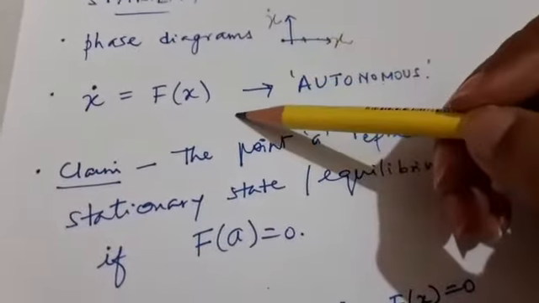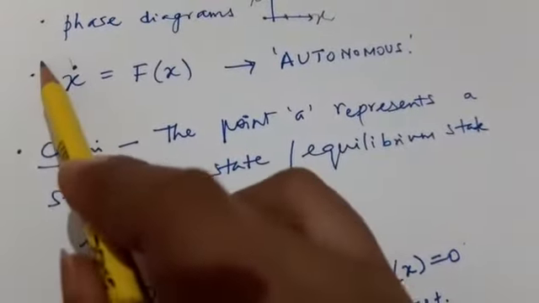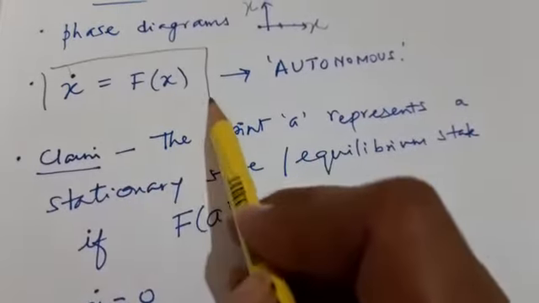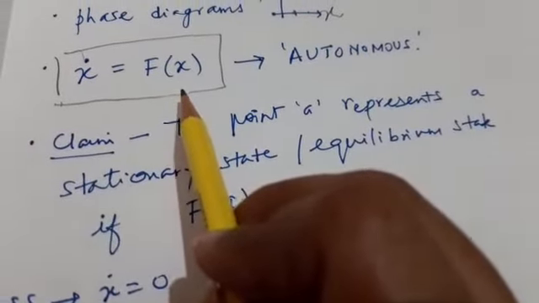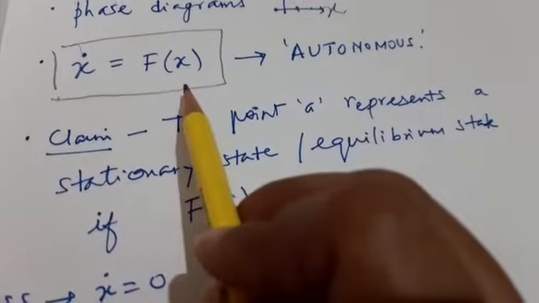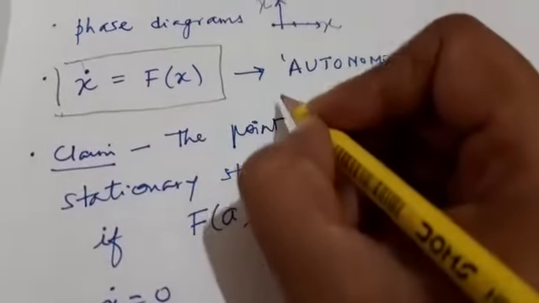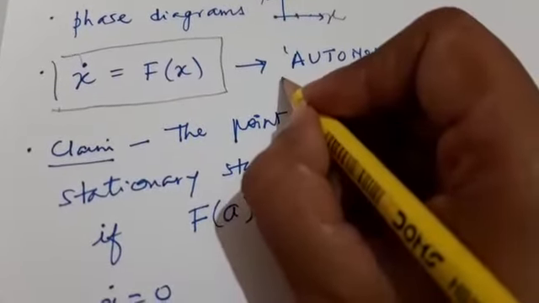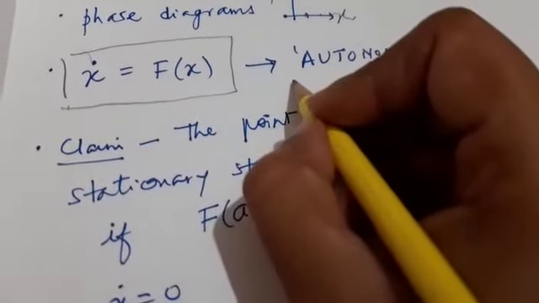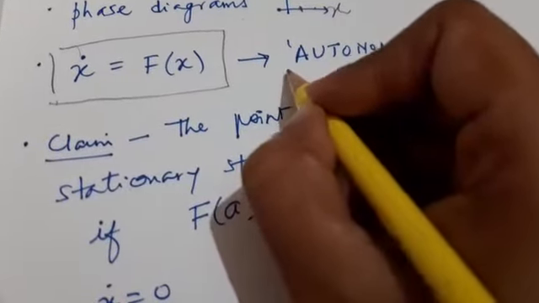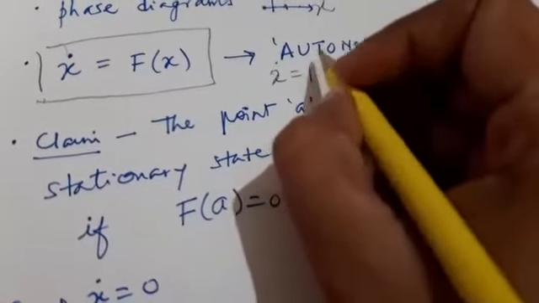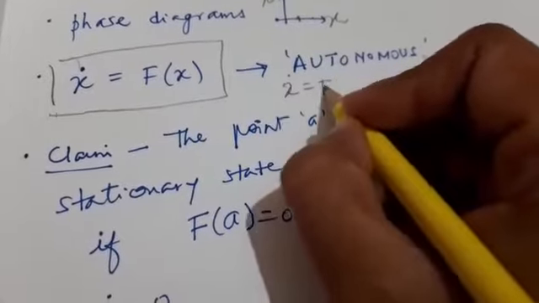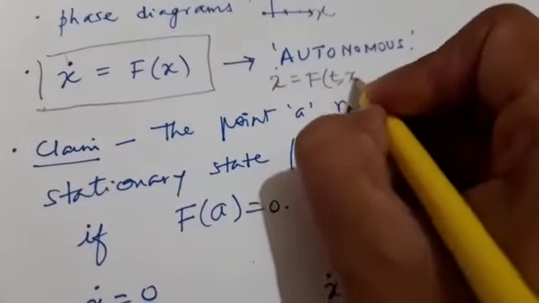Also, we'll be examining stability specifically for this kind of an equation where x dot is equal to capital F of x. Now, as you can see, this is a special case of the first order linear differential equation, because we had described the first order linear differential equation as x dot equal to, let's say, f of t comma x.